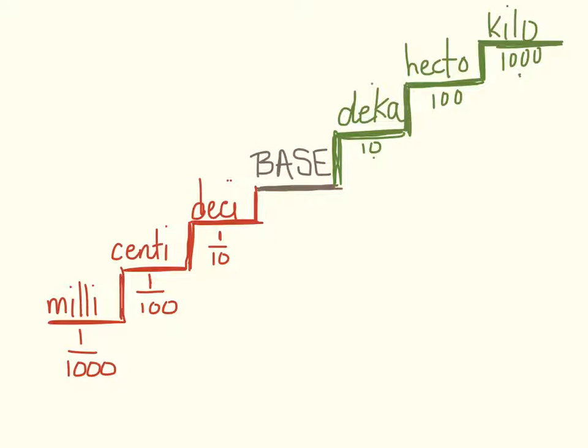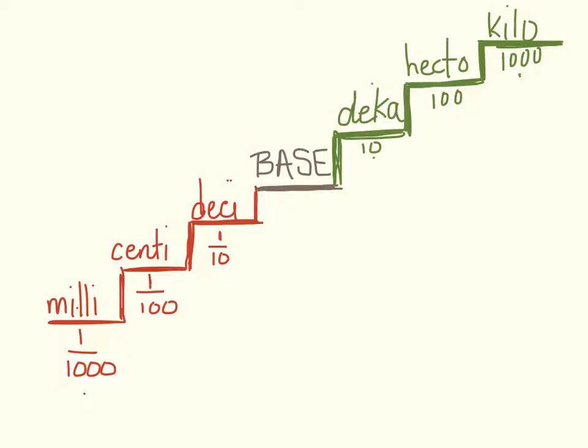A millimeter is I've taken my meter, I've divided it into 1,000 pieces, took one of them, and it's a millimeter. If I divide it into 1,000 pieces, it's a milli. If I divide it into 100 pieces, it's a centi. If I divide it into 10, it's a deci.